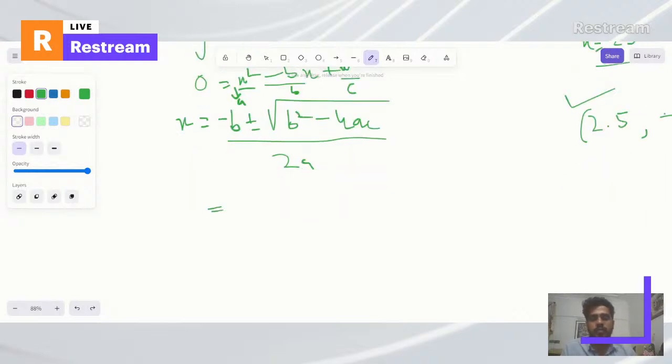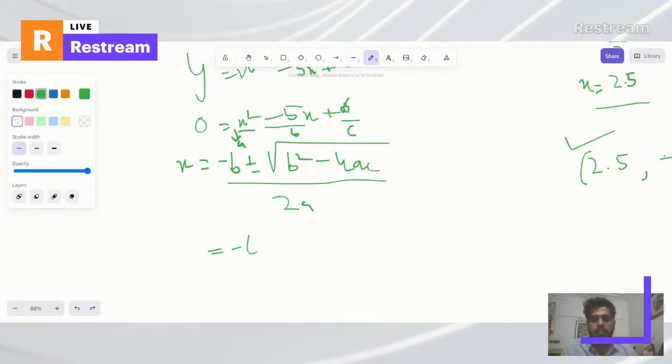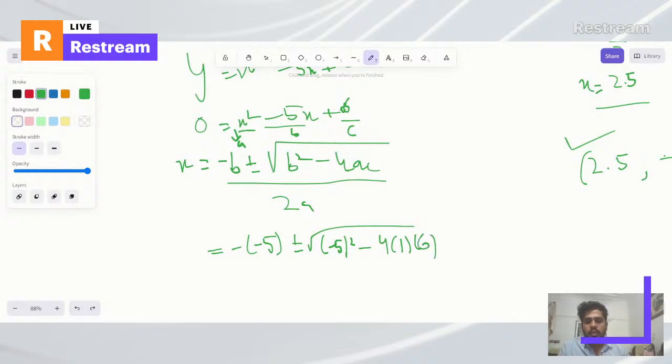So negative b means negative times the value of b, which is negative 5, plus minus under root b squared, negative 5 squared, minus 4 times the value of a, which is 1, times the value of c, which is 6, divided by 2 times 1.